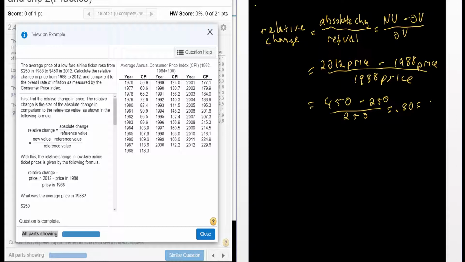So they want us to compare it to the rate of inflation, so we have to find the rate of inflation here.